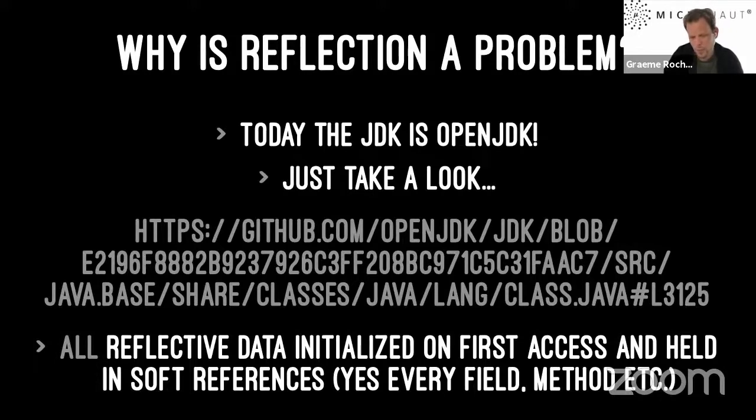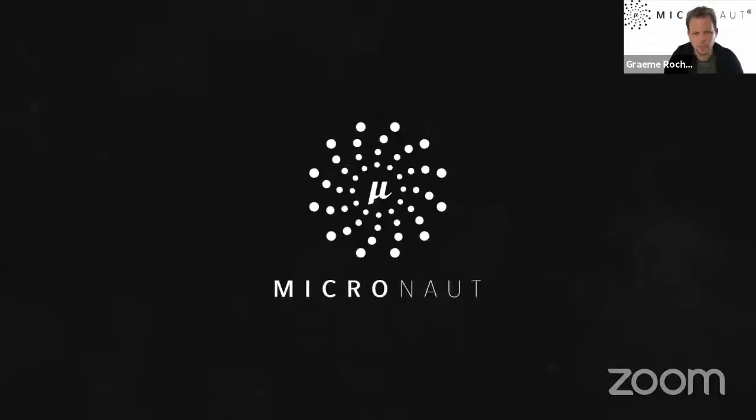This reflective data cache is initialized on first access with all of the reflected data, so every field, every method, etc. There's not really any way in Java to say, I want reflection information just for this field or just for this method. It's an all or nothing deal, which leads to higher memory consumption at runtime.